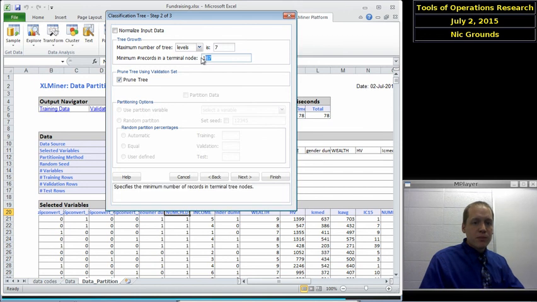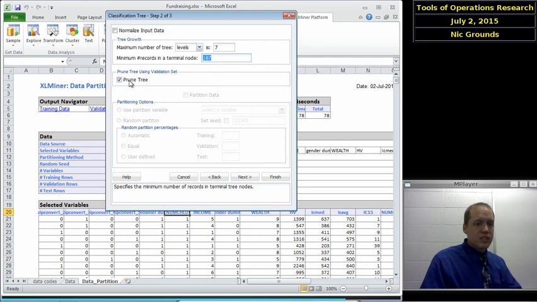And then you can set the minimum number of nodes before it should stop splitting. By default, I think it picks 10%. So I think I had 1,870 records. So it's saying if you find a way to split records 7 or fewer than 7 times, but you're down to only 187 records, stop splitting, because now you're just sort of splitting hairs between very small subsets of data.